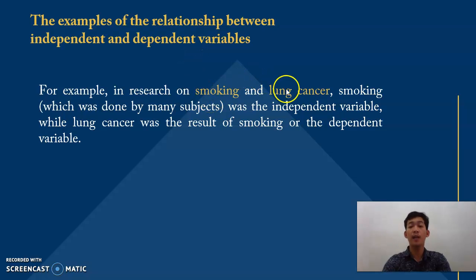But for the lung cancer, because it is the effect from the smoking, it is called the dependent variable. So it is the difference between independent and dependent variable. The independent variable is the cause of the other variable, and the dependent variable is a result, or the effect from the independent variable itself.